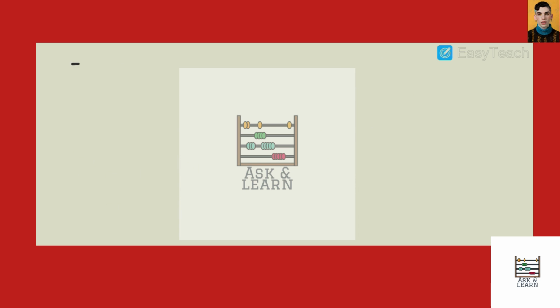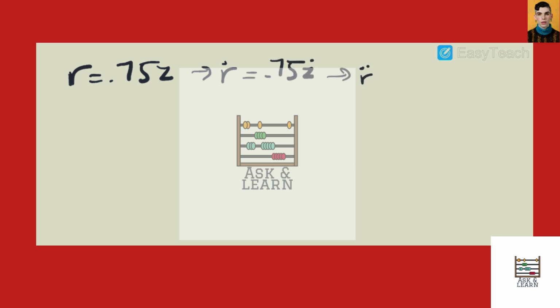First of all, we know that r is equal to 0.75z. Therefore, we know that r dot is 0.75 z dot, and that r double dot is equal to 0.75 z double dot. Next, we know that theta is equal to negative 1.5z.